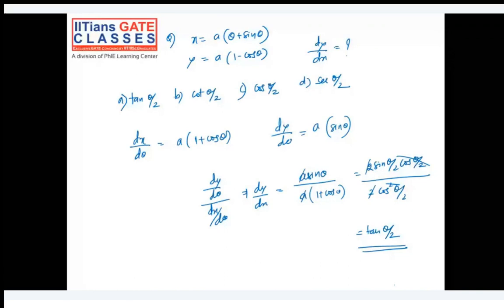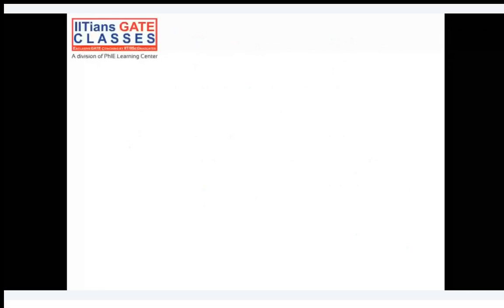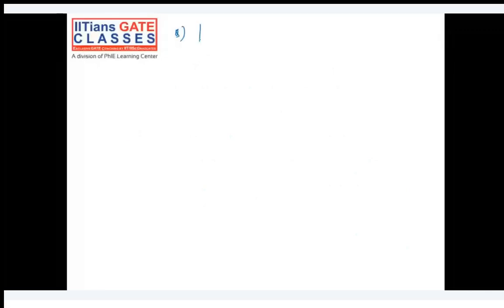One more question, just a simple question to check your understanding of mod functions. Mod of minus 2x plus 9 is equal to 3. Then find mod of minus x minus x square. Solve it.